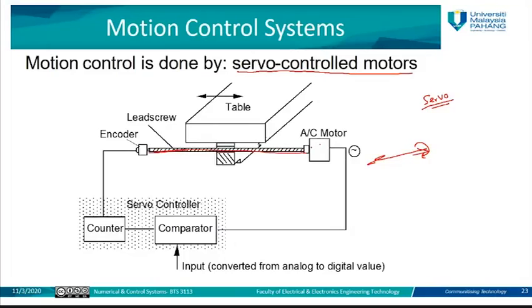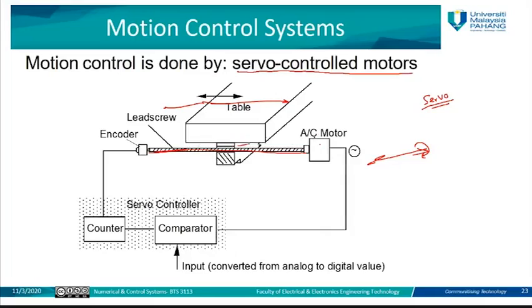So this is the motor. For example, it will rotate this lead screw. The movement of this lead screw, even though it's rotating, will also move this table along the lead screw. So this is the table of the machine, and the lead screw here is attached to the table. There is some mechanical part which allows this table to be moved along this lead screw.